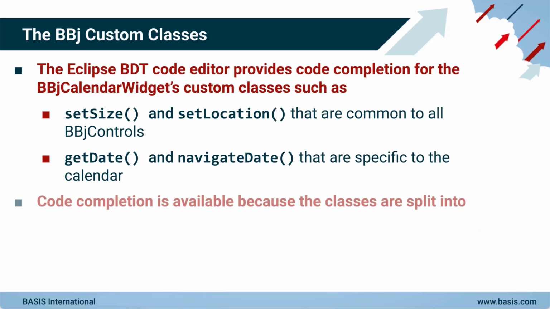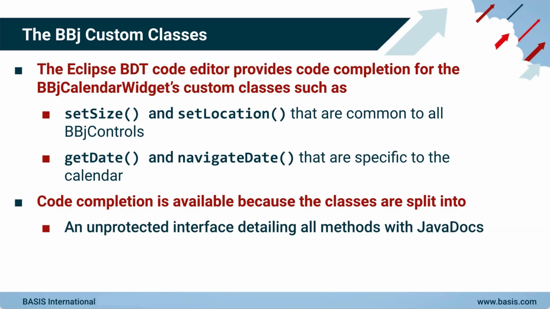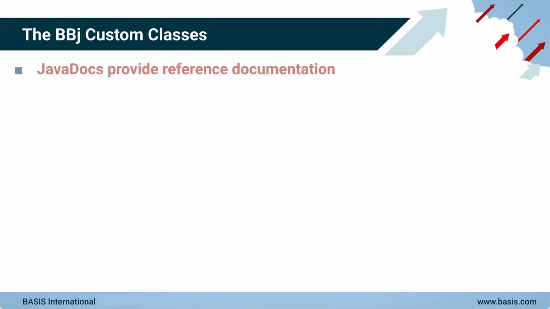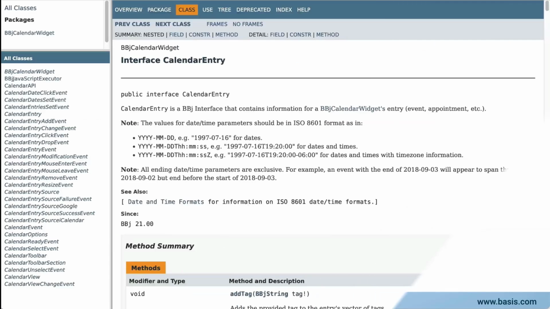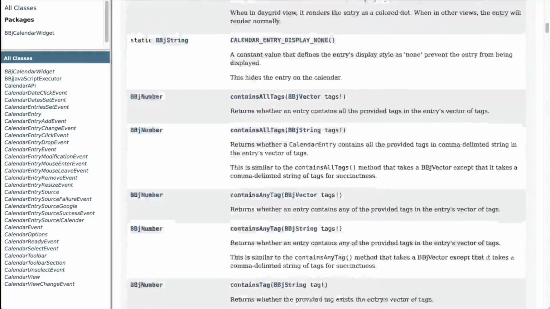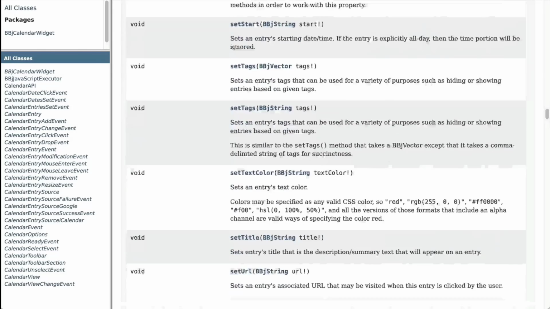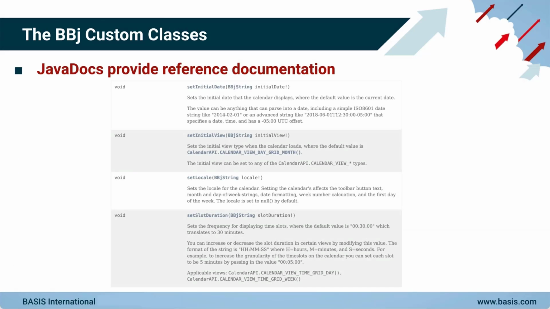The code completion is available because Basis split up the classes into two versions: an unprotected interface that details all the methods and provides Javadoc comments to create the reference documentation, and a protected implementation class that provides the code for each method. And speaking of Javadocs, if you're ever curious about how to use a class, or would like complete descriptions of its methods and all their parameters, then you'll definitely want to check out the reference documentation.